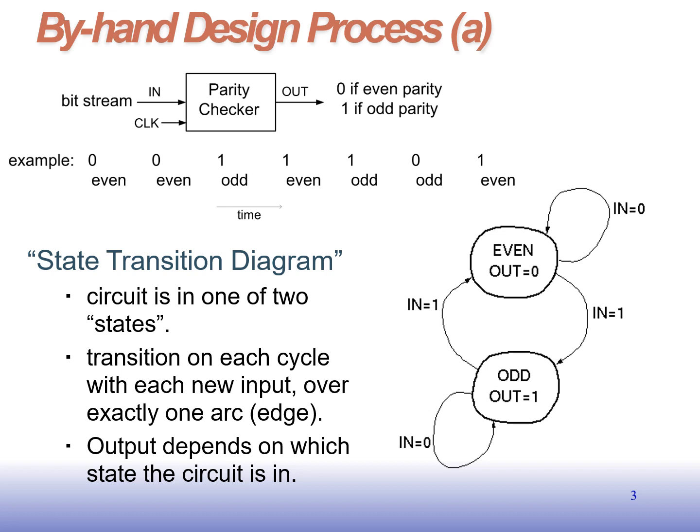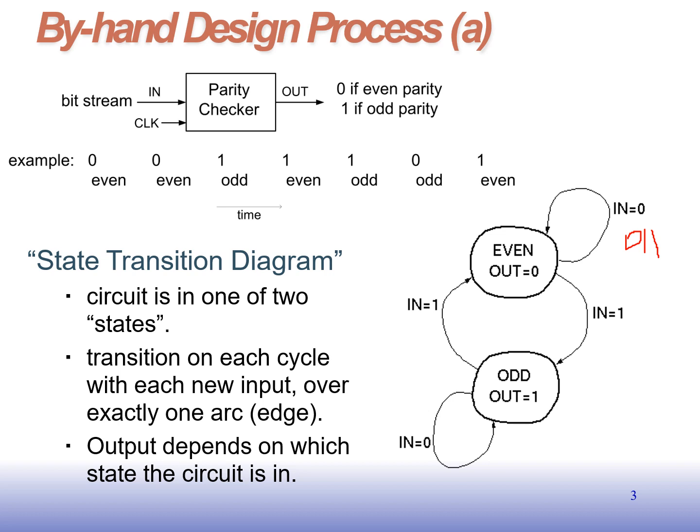Similarly, if you give input 1 again, what will happen? It is even parity, and the output will be 0. So depending upon the sequence, we have to find it. Here first 0, so it is even parity. If the input is 1, it is odd parity. If 1 is given again, there is an even number of ones, even parity, and the output is 0.